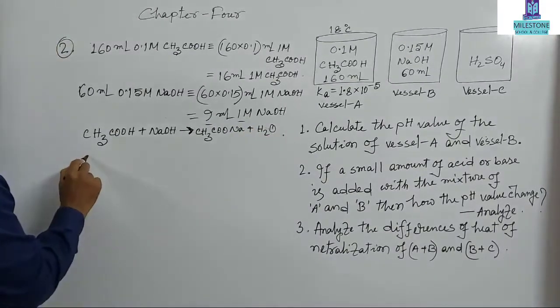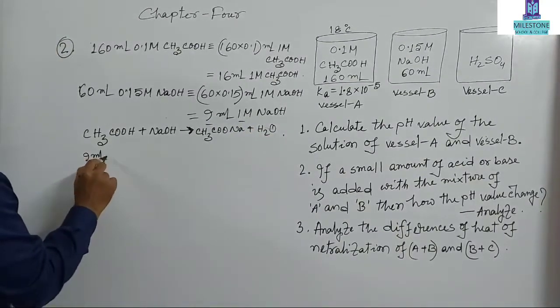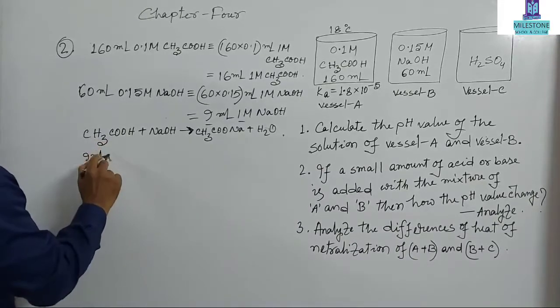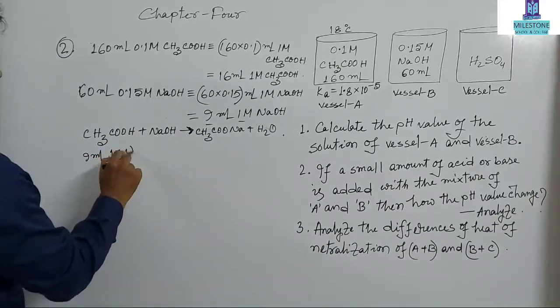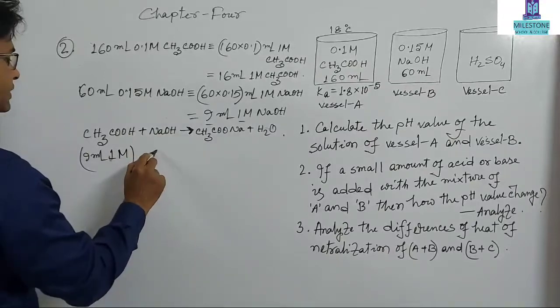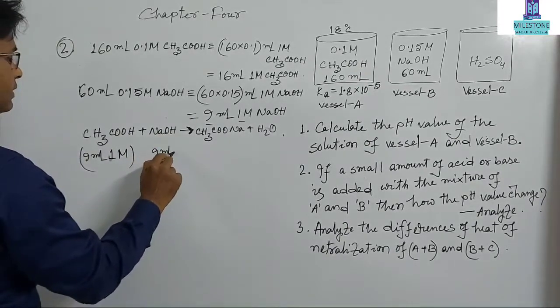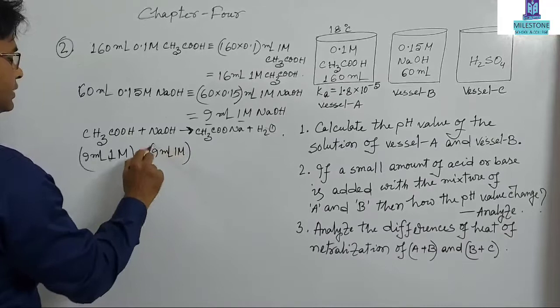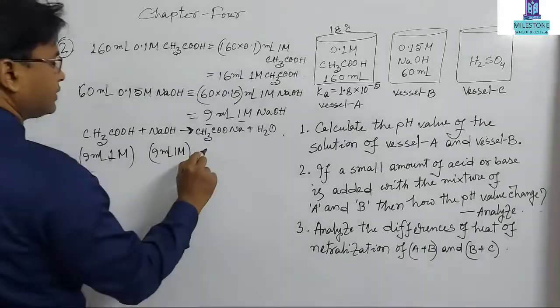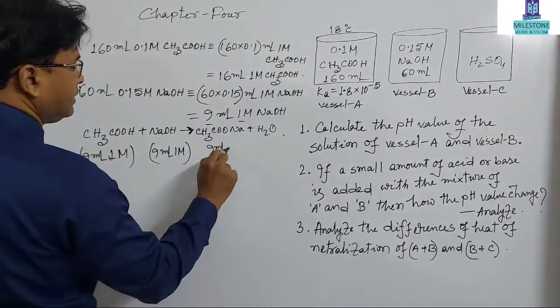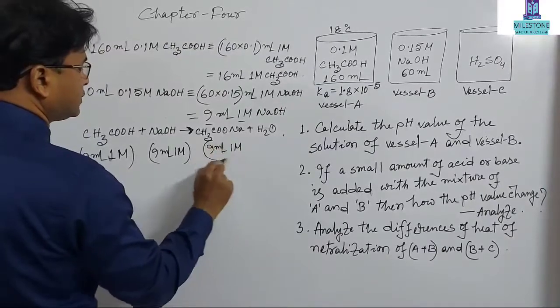Here actually 9 ml 1 molar acetic acid reacts with 9 ml 1 molar sodium hydroxide to produce 9 ml 1 molar sodium acetate salt.